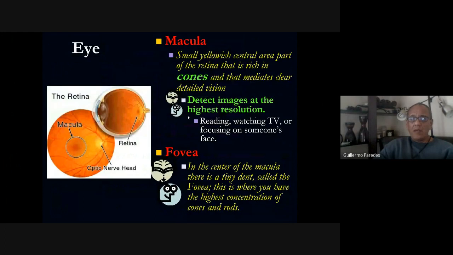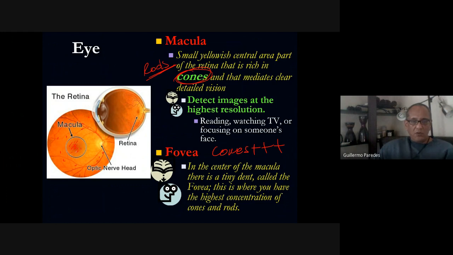The macula is where we have rods and cones. And the fovea, even more cones. Here we have cones and rods, yes, but a concentration of cones as well. So cones are going to be like boom, boom, boom everywhere, but the cones here are going to be much more concentrated.